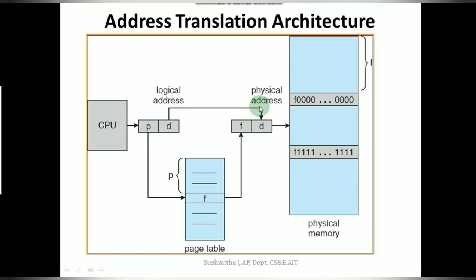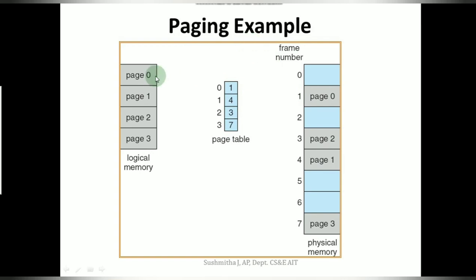Now let us see a small illustration of this. The CPU is generating the logical address, and that logical address, with the help of the page table, is mapped to the physical address. Now a particular process may have multiple pages. If I say these 4 pages belong to a process, let me say process P1, process P1 is occupying 4 pages.